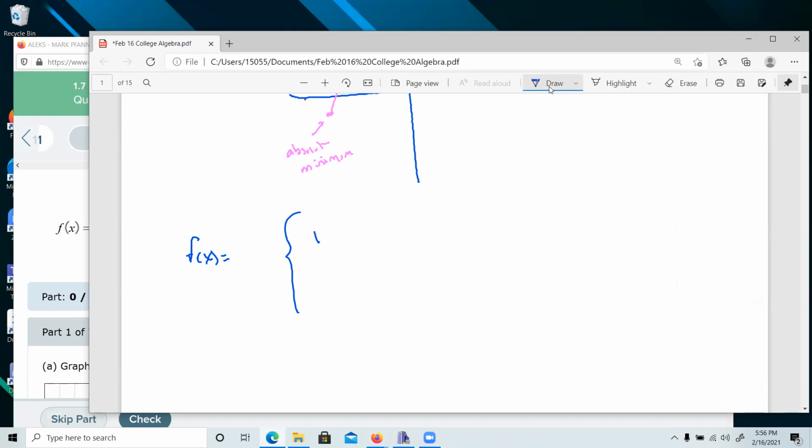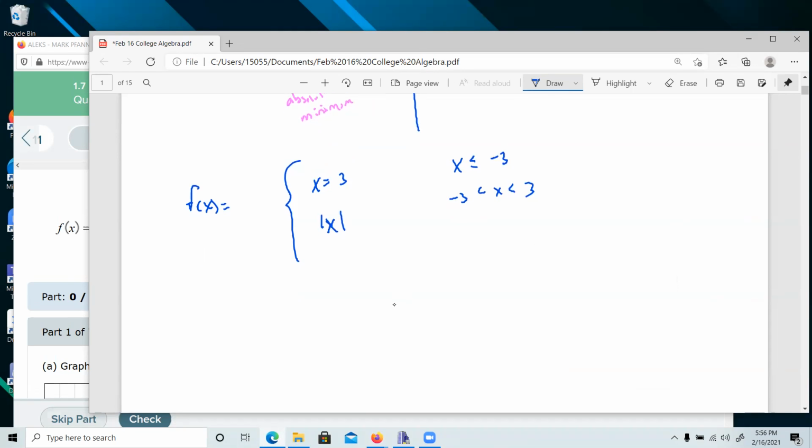Well, we say x equals 3, and that's when x is less than or equal to -3. We'll say absolute value of x between -3 and +3. And then let's see here. Why don't we do something like 6 minus x for x greater than or equal to 3? All right.